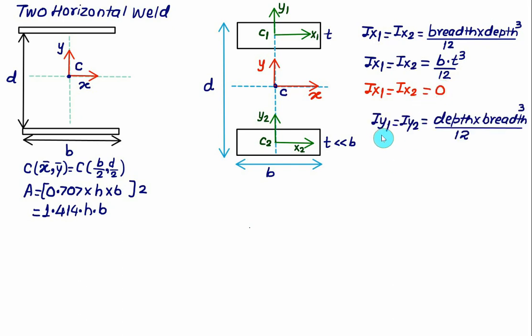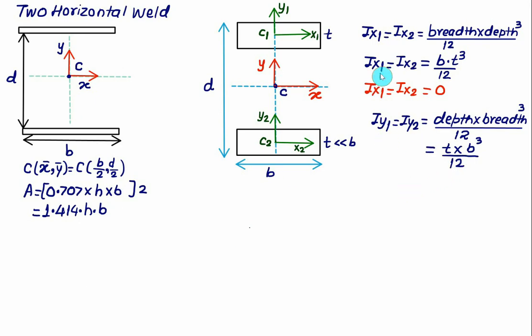But when we calculate Iy1 and Iy2, both are identical in value because of the same size, given as depth into breadth cube divided by 12. This time we have depth equal to t, breadth equal to b, cube of it divided by 12. Now b is a larger value, so we have to consider Iy1 and Iy2.